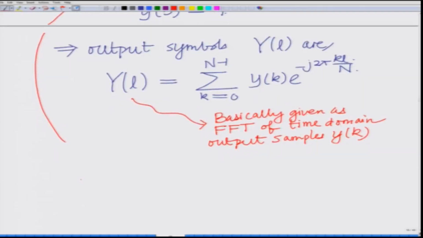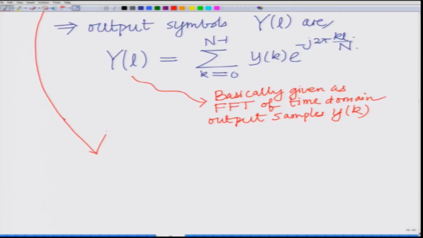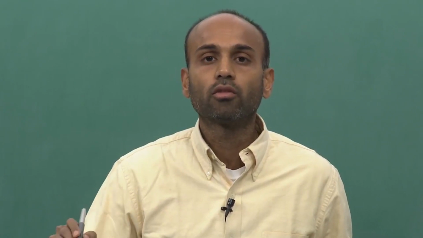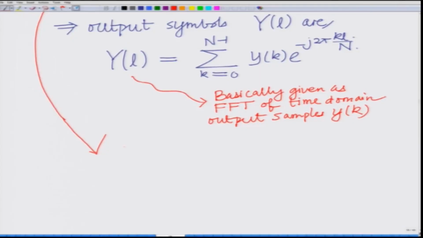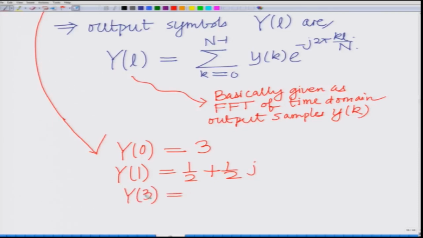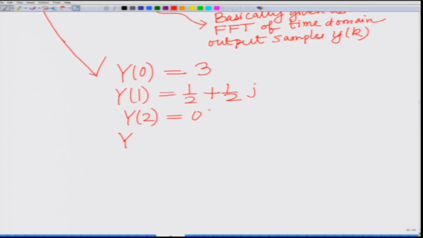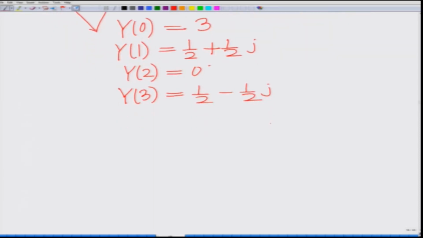So, now once we take the FFT, this is something that we have calculated before for these output samples in the context of the OFDM example, and therefore the output symbols across the various subcarriers are given as Y0 equals 3, Y1 equals half plus half j, Y2 equals 0, and Y3 equals half minus half j.